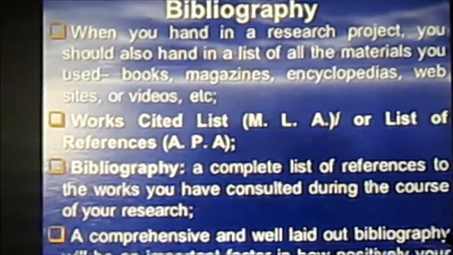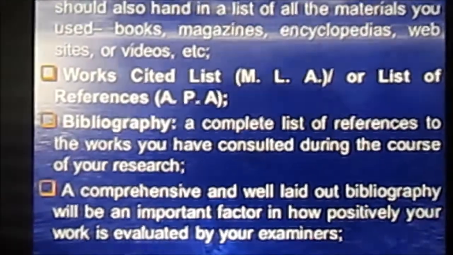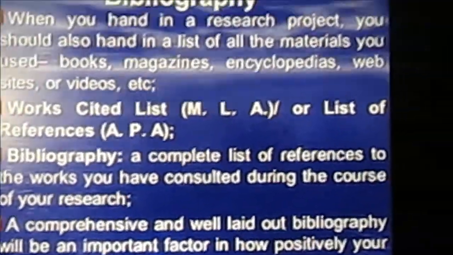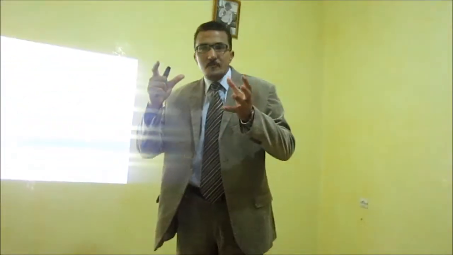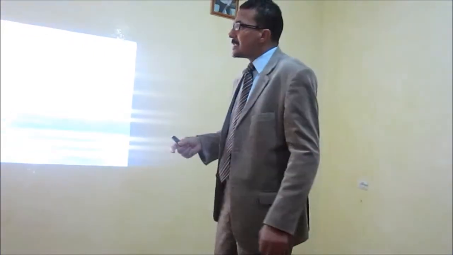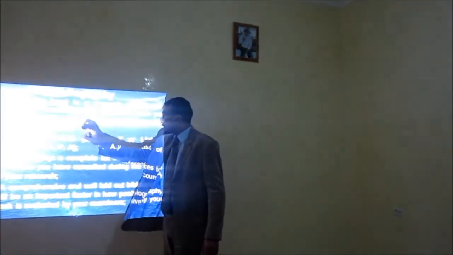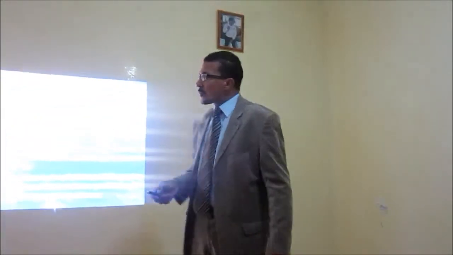The bibliography of your research paper includes a list of all the materials that you have consulted in order to write your research paper. These materials are books, magazines, encyclopedias, websites, videos, and so on.